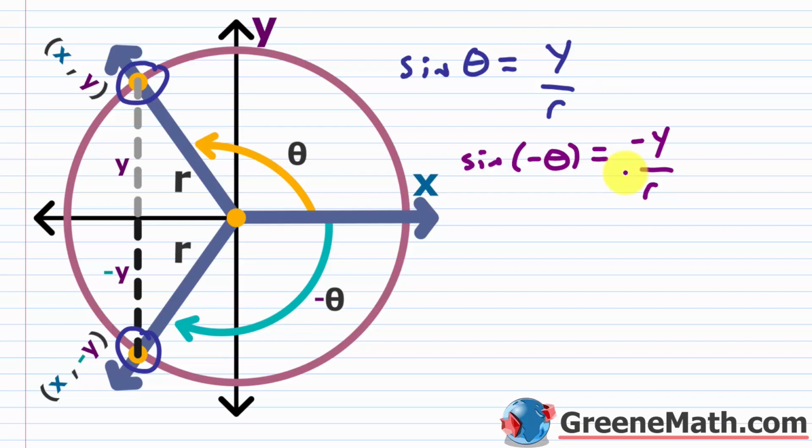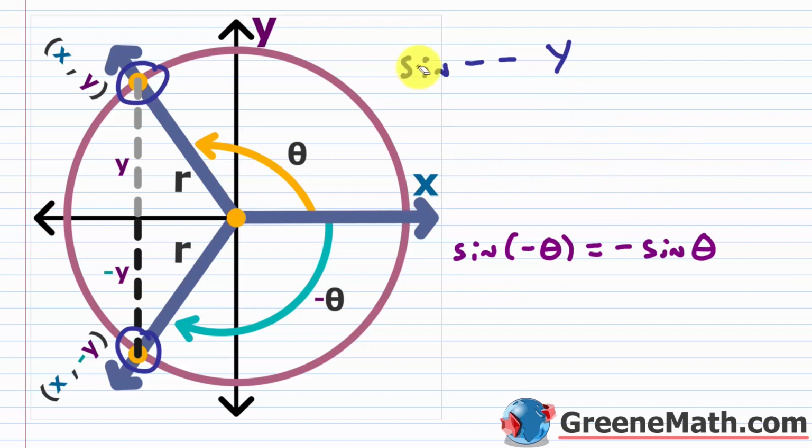I can use that to build a relationship that's always going to be true: the sine of negative theta is always equal to the negative of the sine of theta. This is your first negative angle identity.